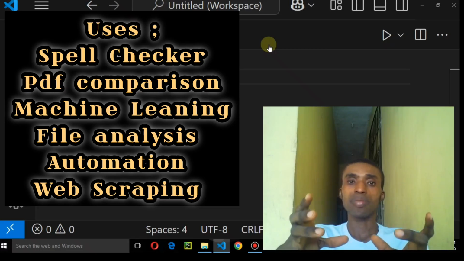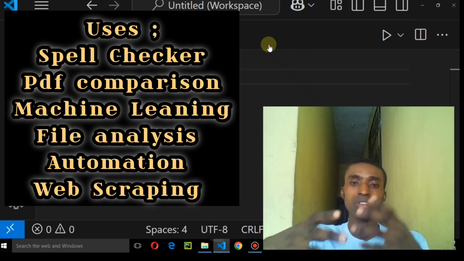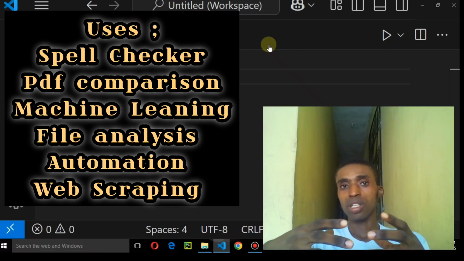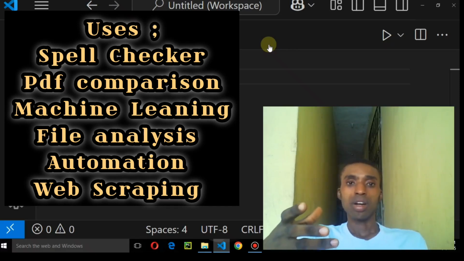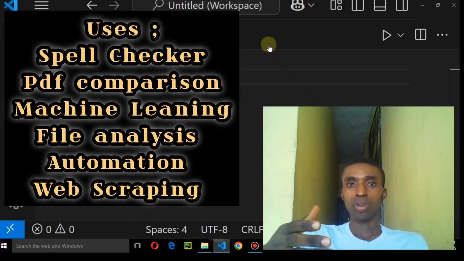When you have a PDF file, for example, you can use this library to bring PDF 1 and PDF 2 and compare both of them together to know how closely related they are.